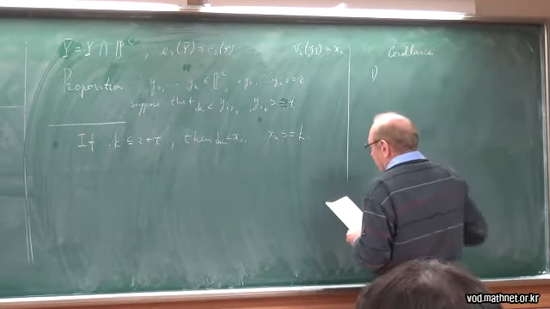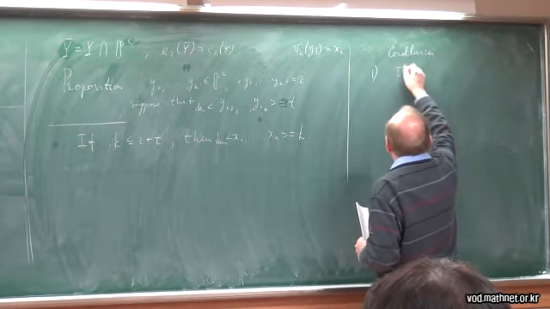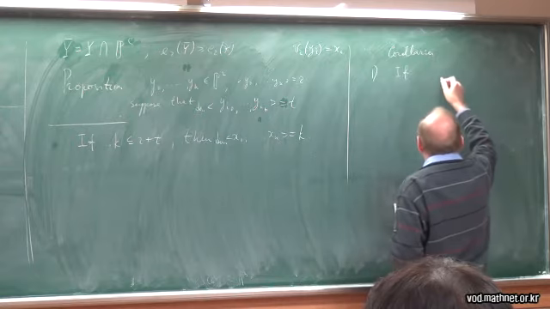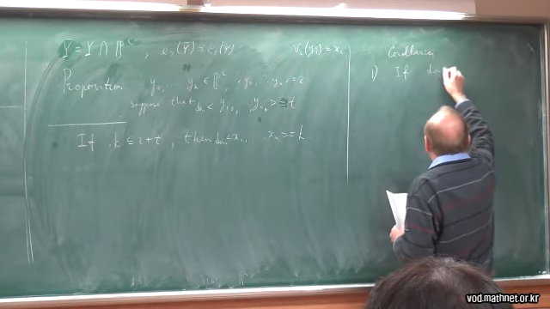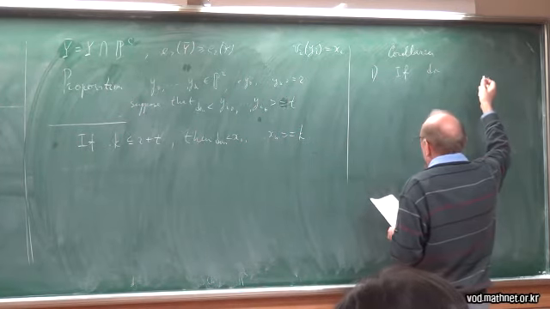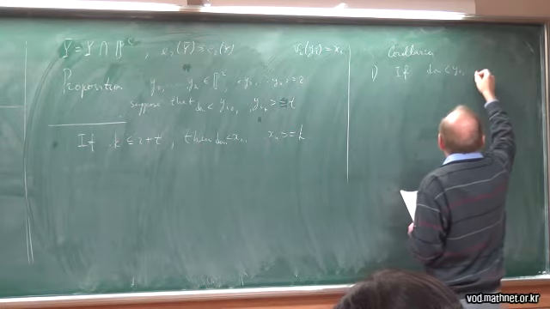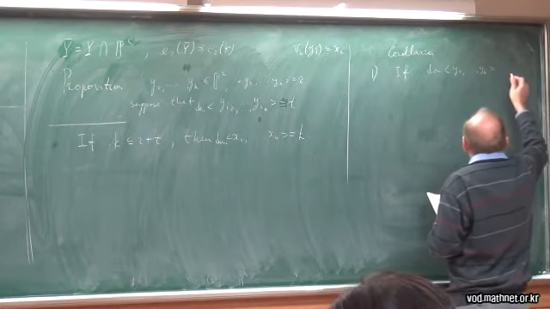The first case is: suppose we have a finite collection of points such that they span a linear space of dimension.